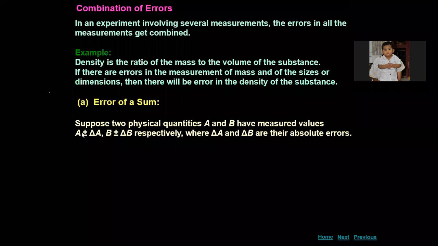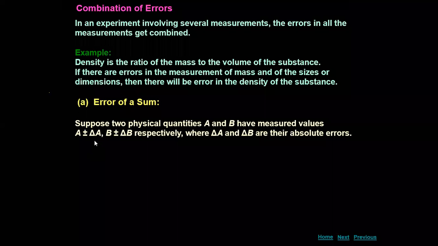Its value plus or minus its error has to be taken to know its measured value. The same case in B also. Remember this, because for this complete topic we will be using this notation only, plus or minus of its error.